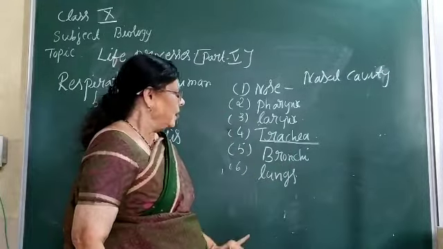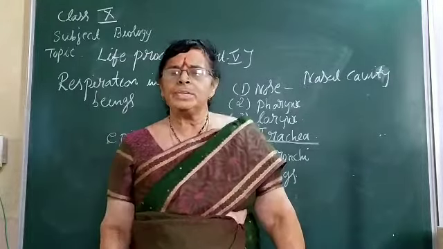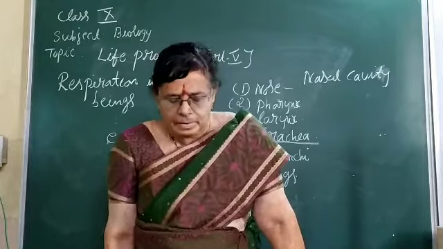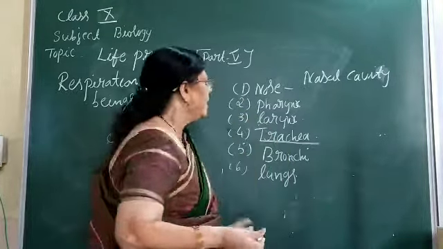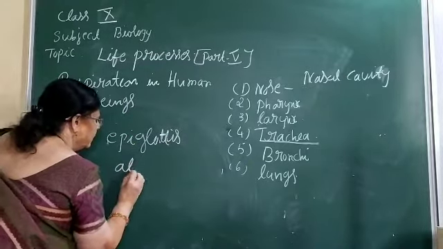Inside the lungs, the bronchi branch further. Finally, the ends of the bronchioles terminate into air sacs called alveoli.